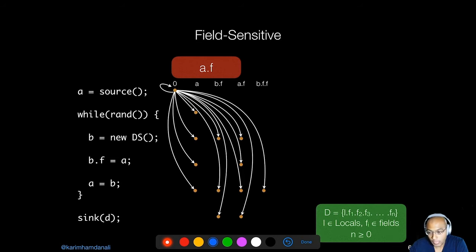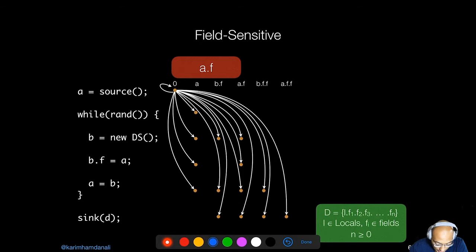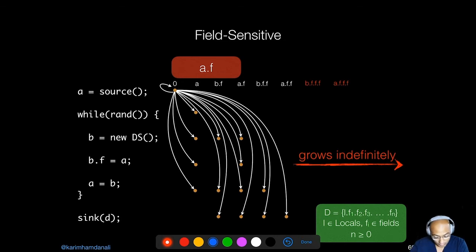Every time I go through the loop, I read the field f from B.f, or I drill deeper into the object D, in the object B, with one more field access or dereference of f. So now B.f.f is tainted, and A.f.f is also tainted because of that assignment statement, and I can keep on going like that. So every iteration of the loop, you add one more access path with one more f, one for B and one for A, and they are both tainted.